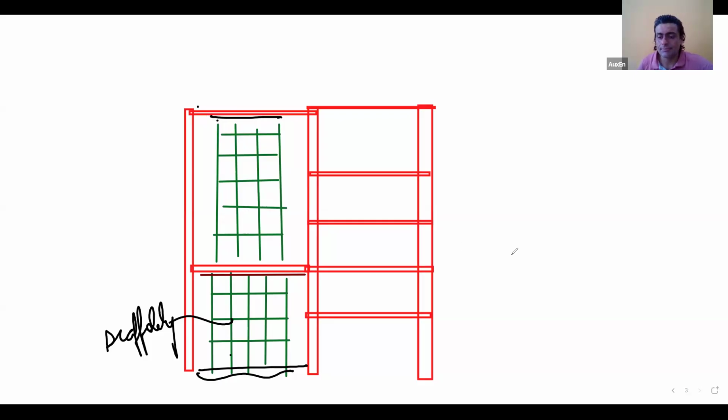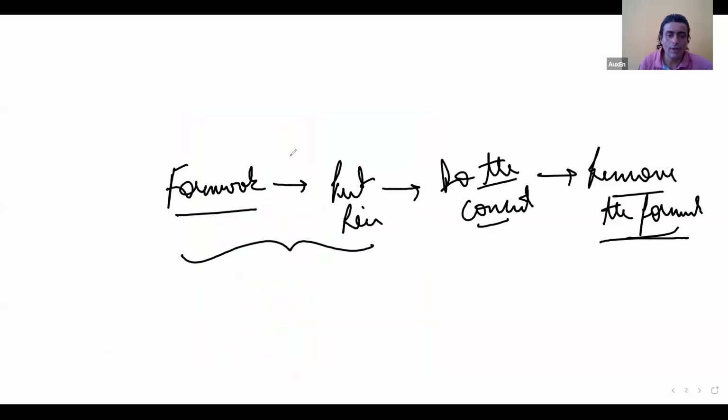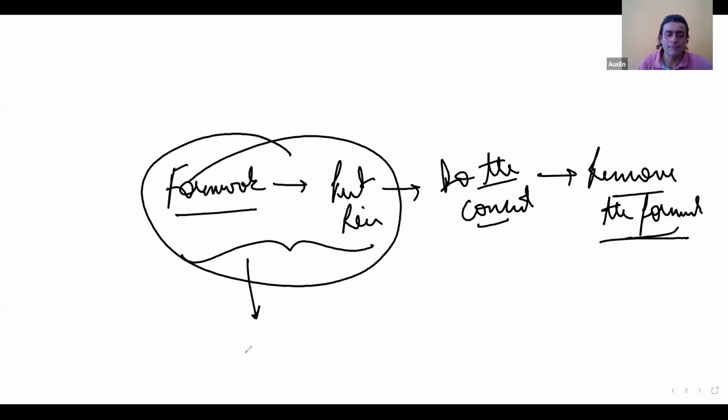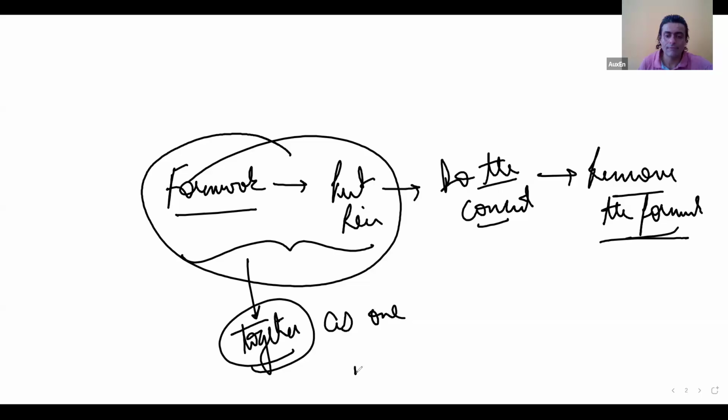So instead of this, what if I could combine the formwork and the reinforcement together as one item? You getting my point? See, I was putting my form, then I was putting my reinforcement, then I was doing the concreting and removing the form.